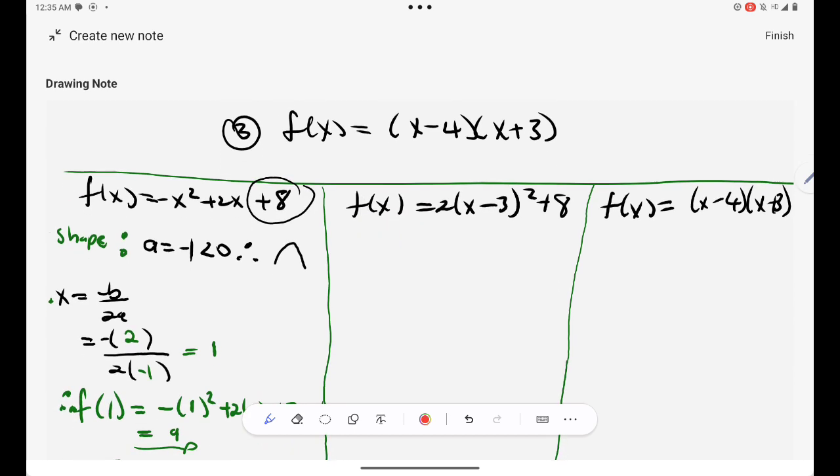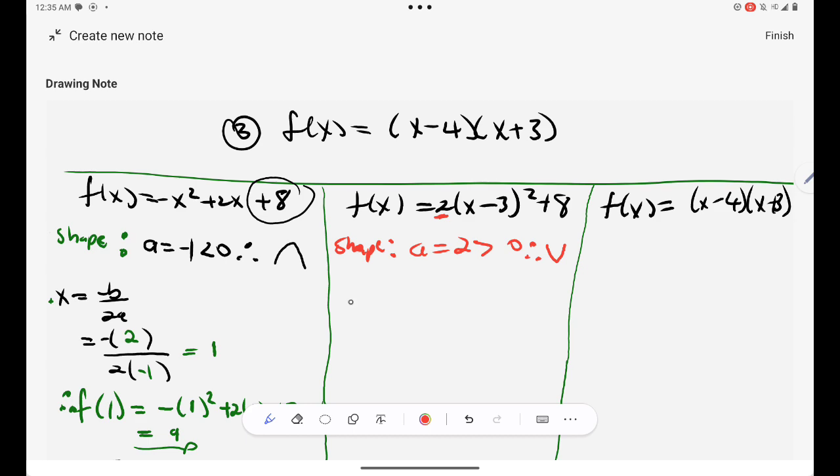Okay, let's go. Firstly, the shape of our graph, ne? The value of a is equal to 2. A is there, ne? And 2 is a number which is greater than 0. So I'm expecting to have a graph which is concave up.